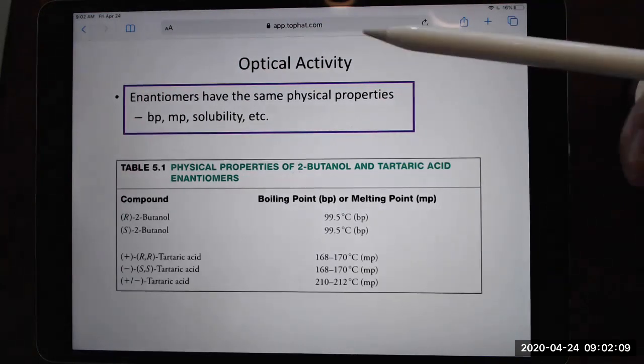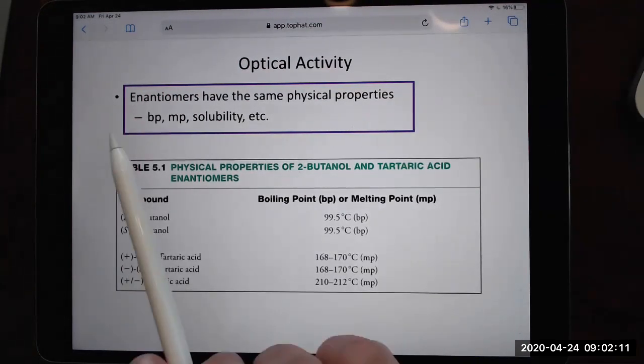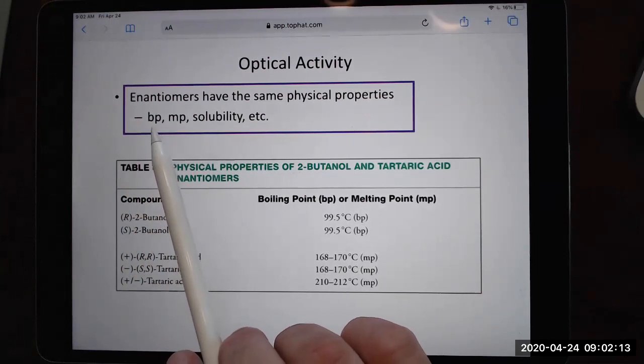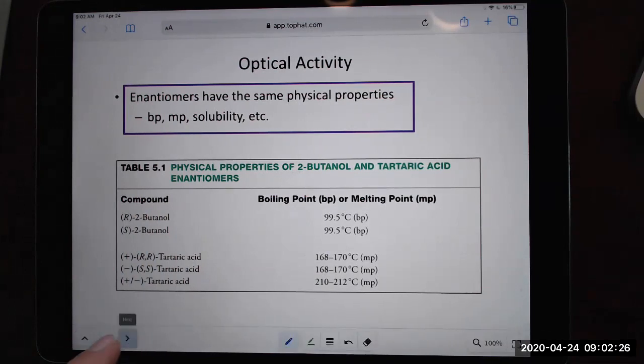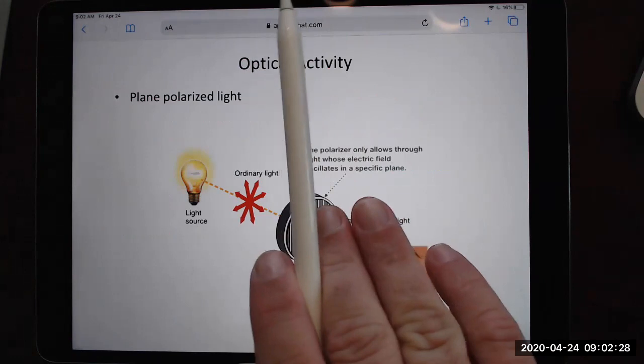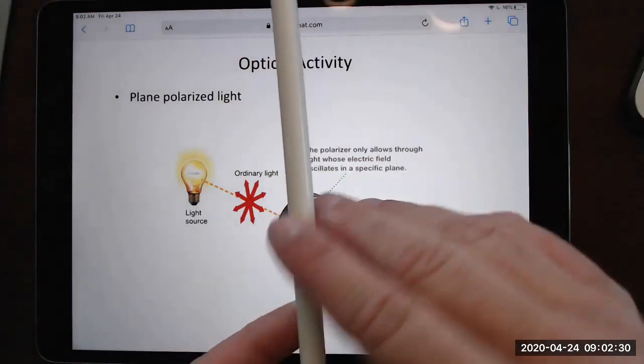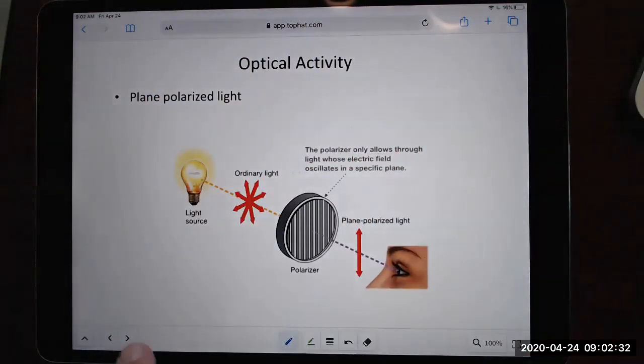For enantiomers, what you need to remember is that their boiling point, melting point, solubility, and all of their properties are exactly the same. There are only two ways that they're different. The first one is what's called optical activity, and that's how it can rotate light.